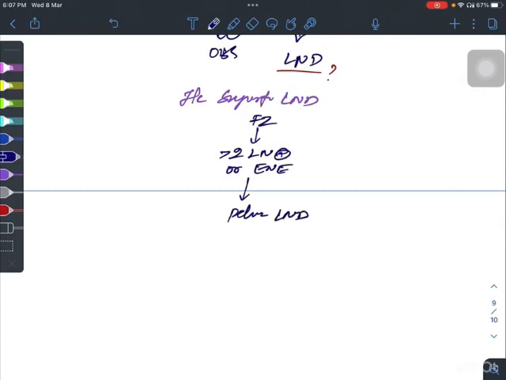In pelvic lymph node dissection, you will remove the external iliac, internal iliac, obturator, etc. Plus contralateral superficial lymph node dissection. Okay, this is the rough idea.